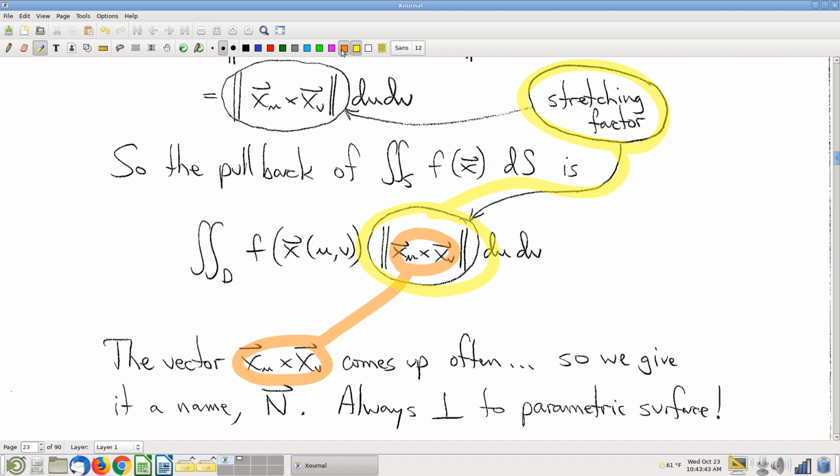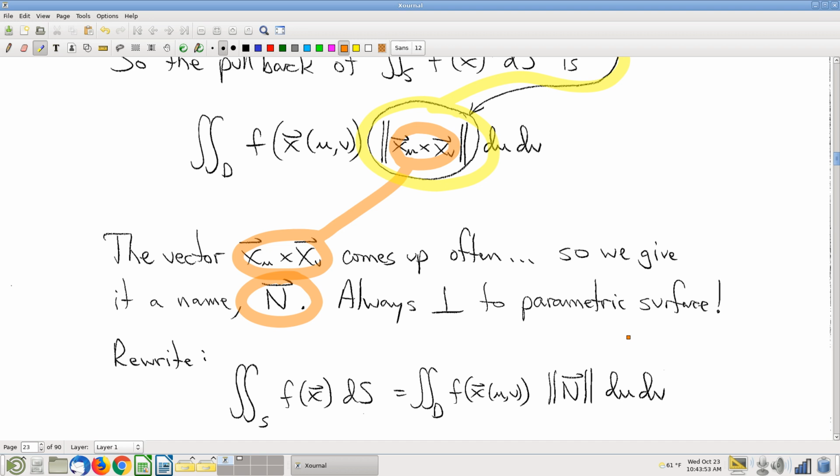This is the same choice that the book makes, and I think it's a perfectly reasonable choice. We're going to call it capital N. It's a nice little shorthand. So we're going to rewrite the stretching factor as the magnitude of capital N. If nothing else, nice shorthand, but it's also interesting for different reasons.